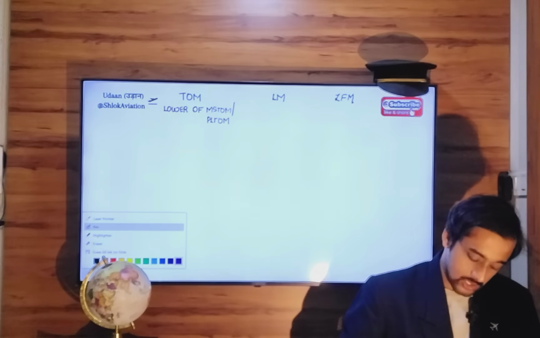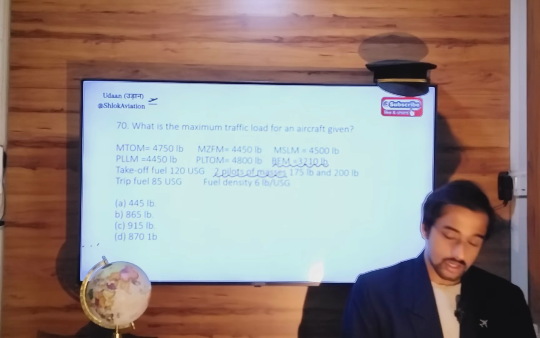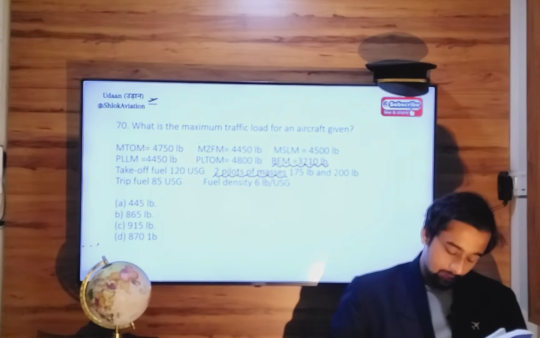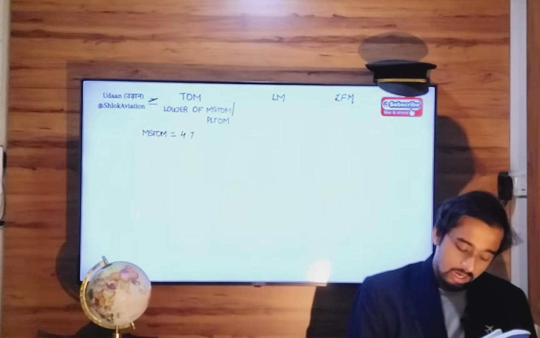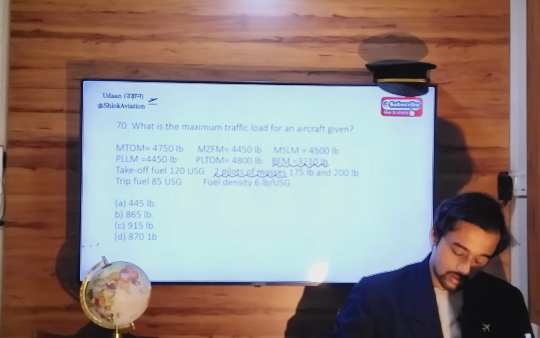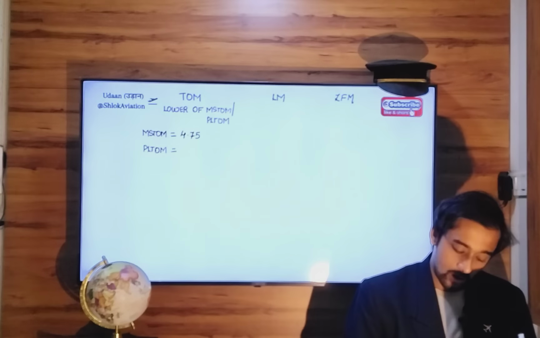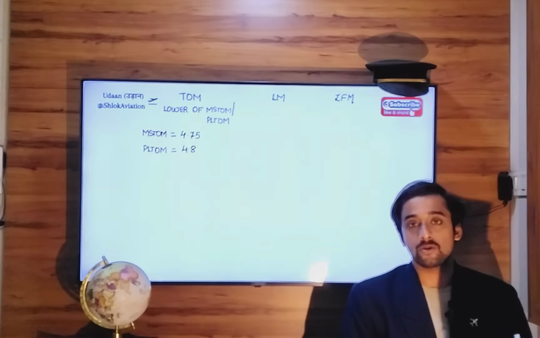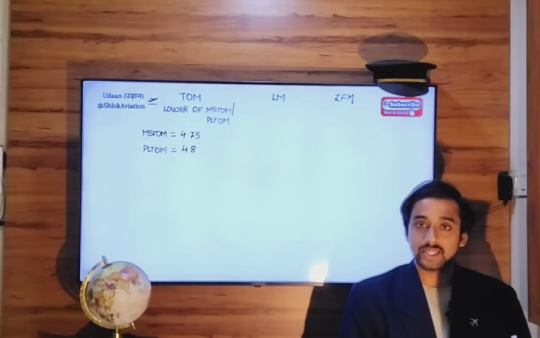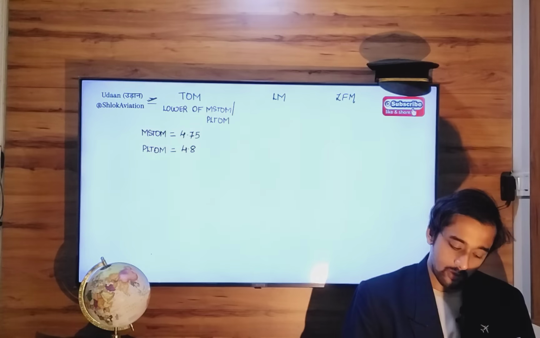So over here in this question, maximum structural takeoff mass is 4,750 pounds or 4.75, and performance limited takeoff mass is 4,800 pounds or 4.8. So out of these two values, 4.75 is the lower one.